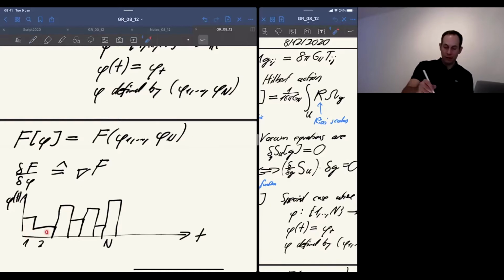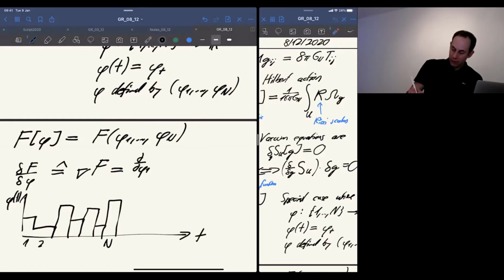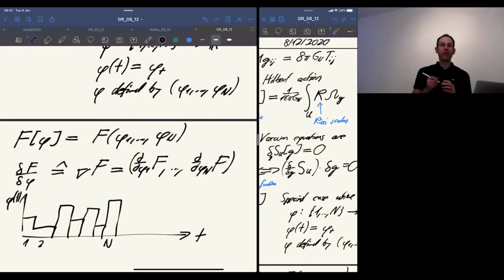So what this of course means is that it's just the partial derivative with respect to phi_1 of the functional, until the partial derivative with respect to phi_n of the functional. So the functional is now a multivariable function.